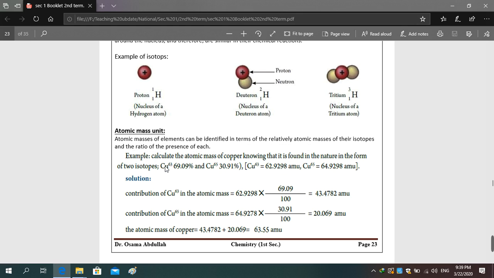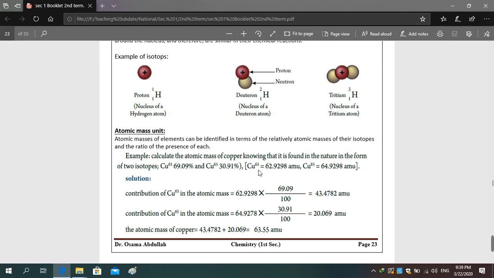Let's take an example. Calculate the atomic mass of copper, knowing that it is found in nature in the form of 2 isotopes, copper 63 and copper 65. The isotope copper 63 is present in nature at 69.09%, and copper 65 is present in nature at 30.91%.